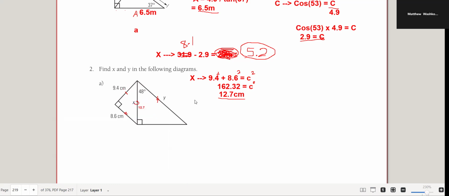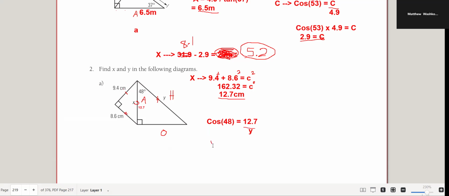All right. So now to find my y, well, to find my y here, I have an opposite side, I have my hypotenuse, and I have my adjacent. I'm using A to try and find H. So toa. Cosine, right? So cosine of 48 is equal to adjacent, which is my 12.7, divided by my hypotenuse, which is my y.